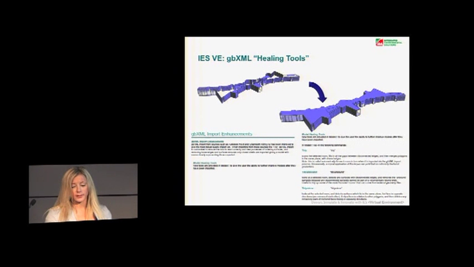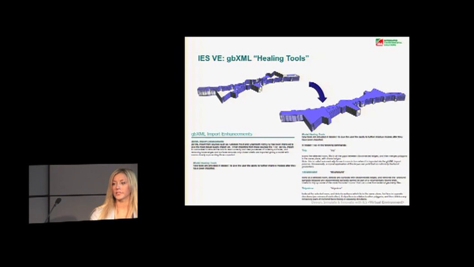Just to kind of wrap up this healing tools concept, in your model, you're going to have a lot of holes. And these holes can come from things like the wall center lines not lining up, or room separation lines blocking other pieces of your model.